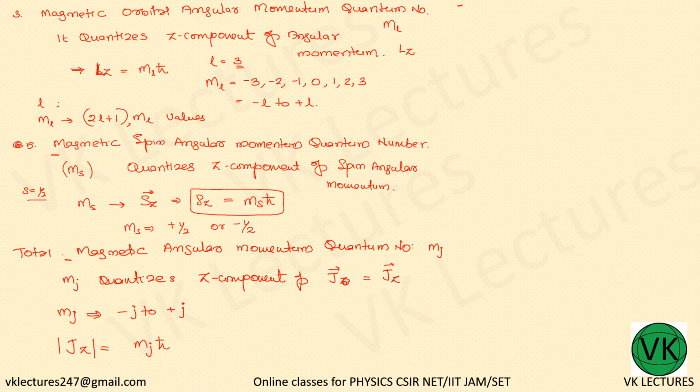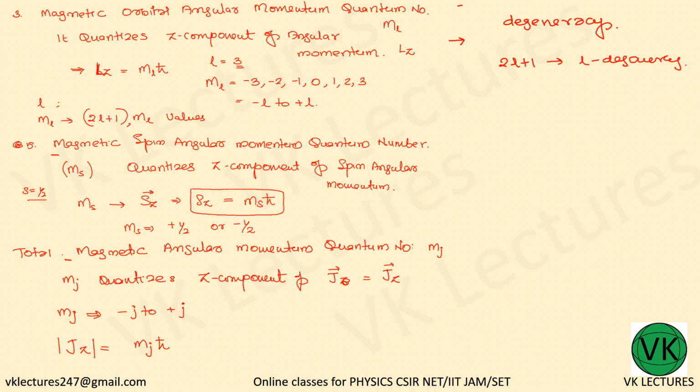Now coming to the degeneracy levels of each. The degeneracy for the magnetic orbital angular momentum quantum number L is 2L plus 1, as we have discussed. So this is called L degeneracy.